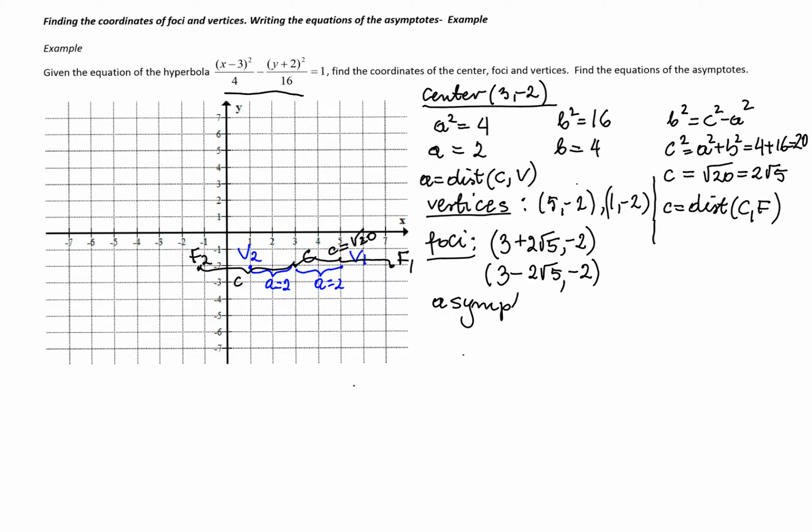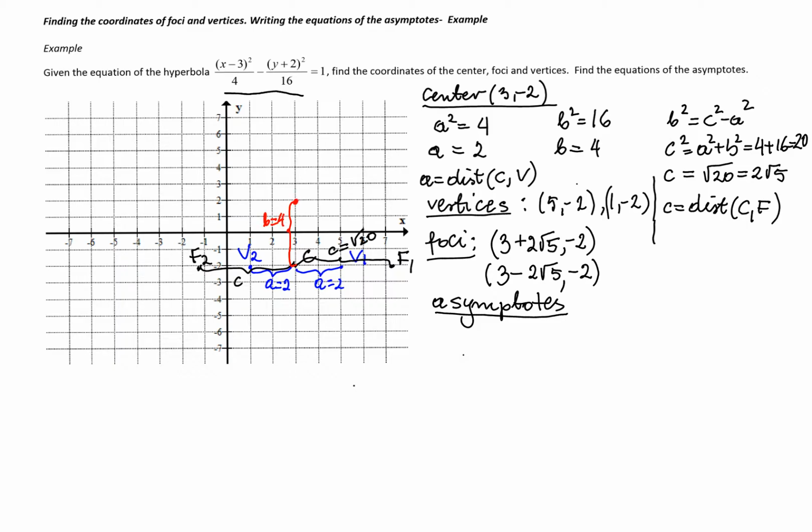To find the equations of the asymptotes, we'll use the geometry again. We'll draw the asymptote box using the value of b. So using the value of b, we'll start with the center and we go perpendicularly to the transverse axis. This is b equals 4.